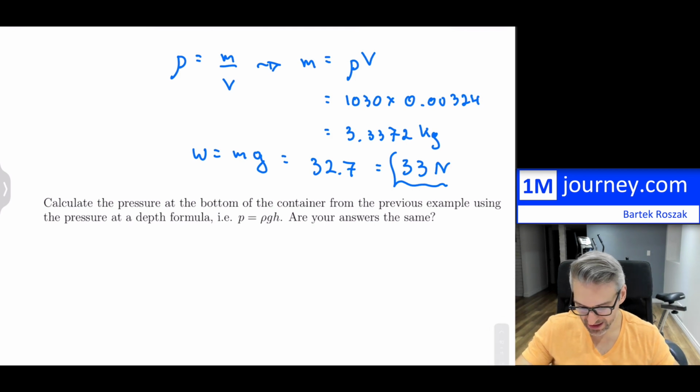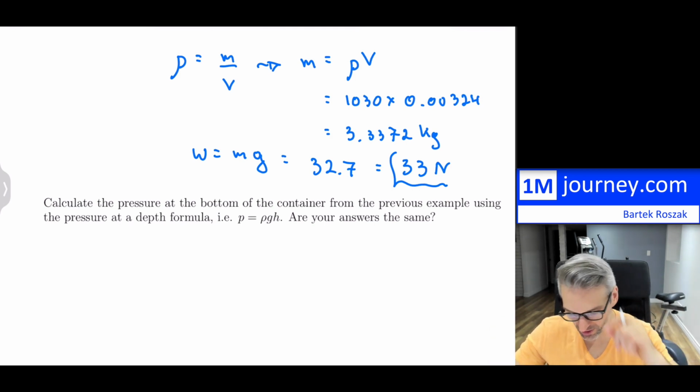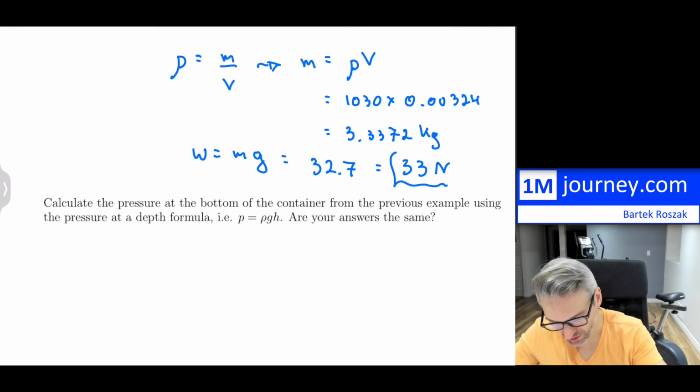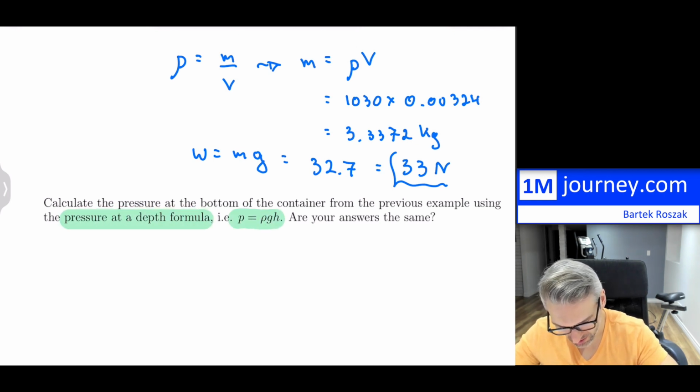Now, this example, which is related back to the previous one, says calculate the pressure at the bottom of the container from the previous example using the pressure at a depth formula. So indeed, we can always find what the pressure is by just using this formula. It's a very simple formula to use. So pressure is just equal to the density times gravity times whatever height we might be dealing with.